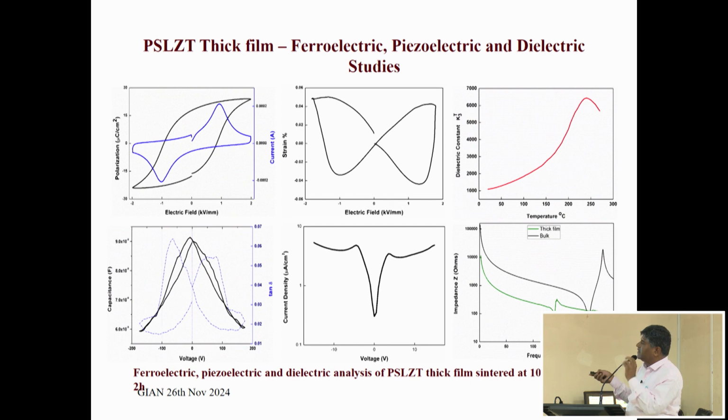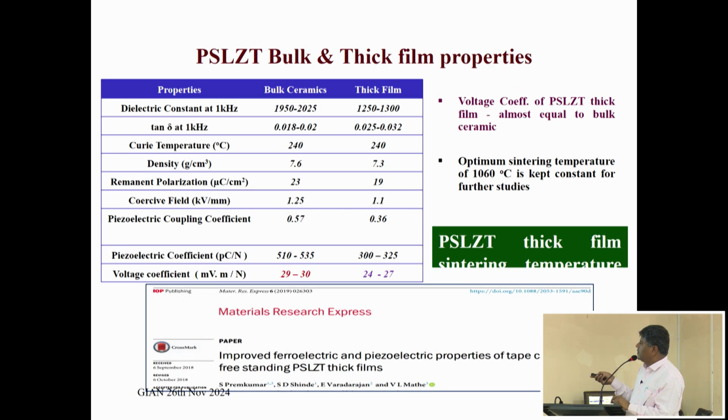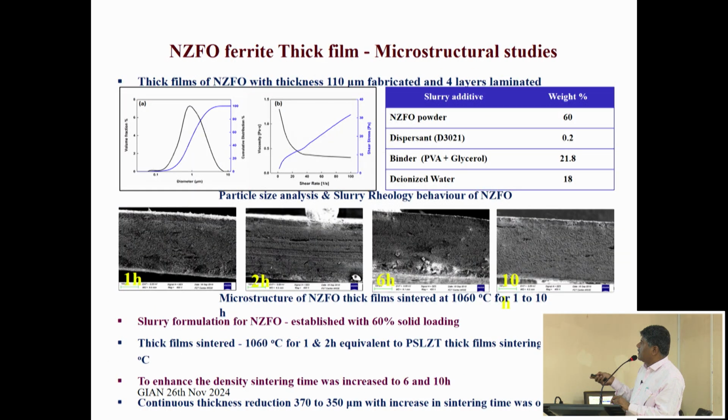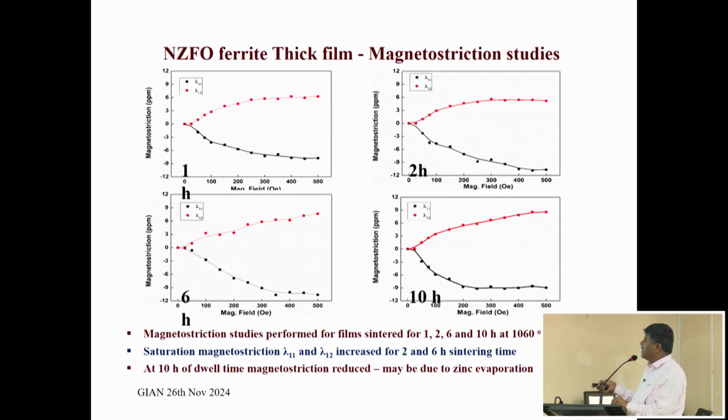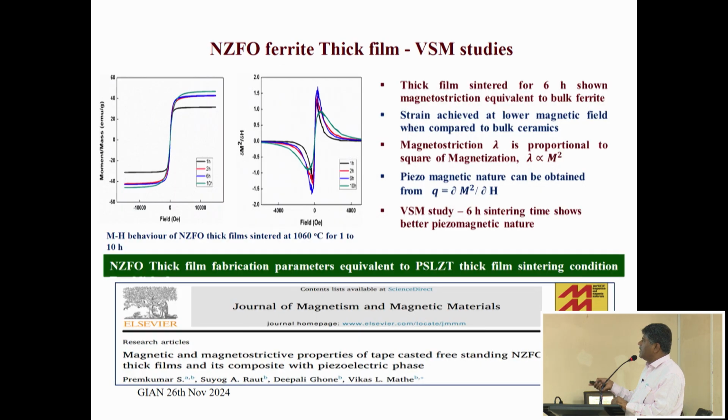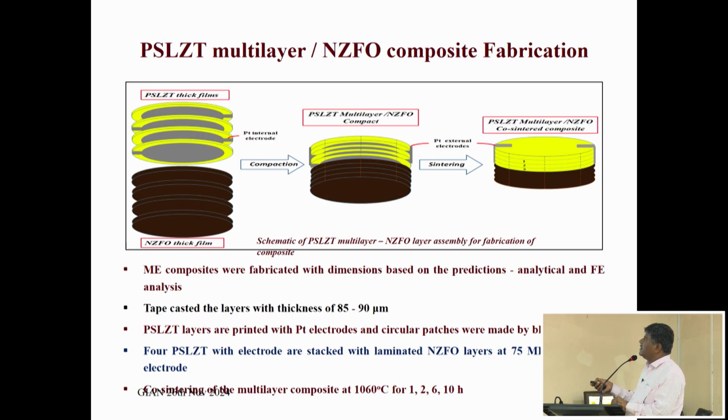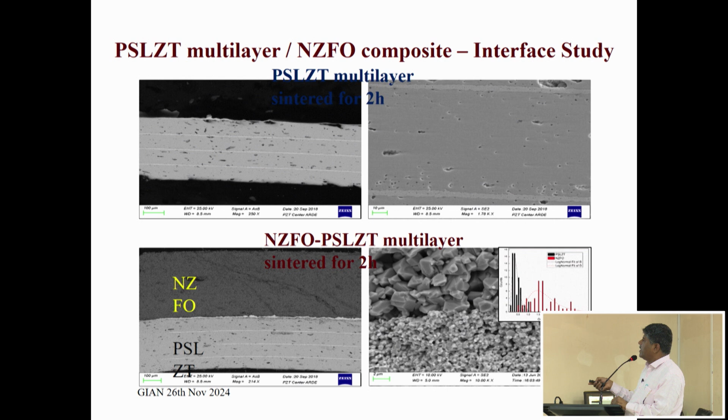Now, these are the detailed characterizations. Here you can see, as a function of sintering, this is for nickel zinc ferrite. Again the detailed analysis of the nickel zinc ferrite. This is the structure we wanted to prepare.